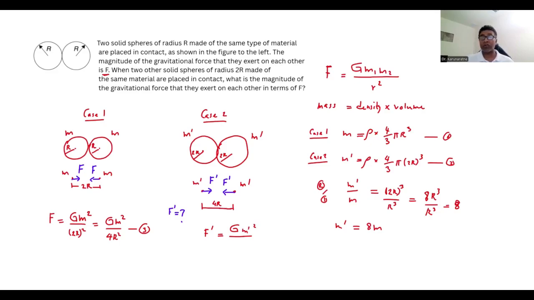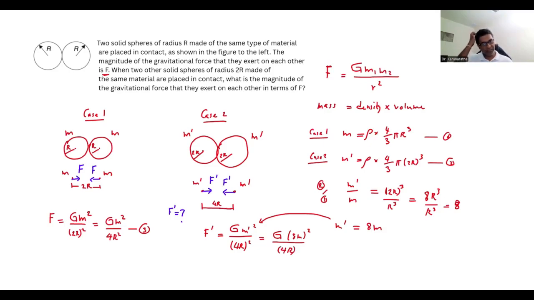The separation is actually 4R, so we have to take the square of that, (4R) squared. And then at this point, you can go ahead and substitute for M prime. So then we can further simplify. G times (8M) squared divided by (4R), the entire thing squared.